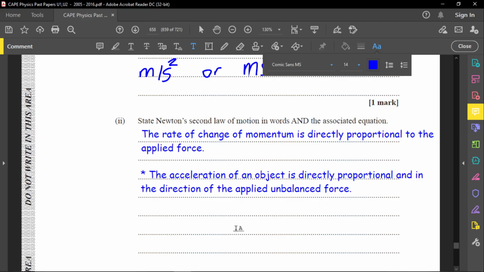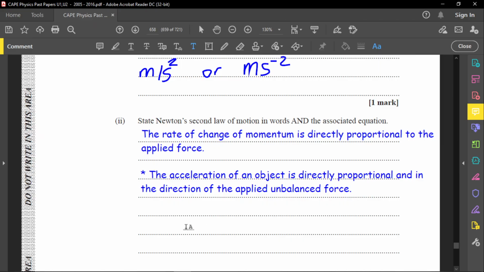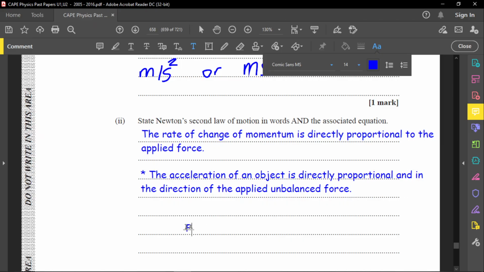So that's very important as well. In terms of the equation, force F is equal to mass times acceleration. All right, so let's go to the next part of the question.